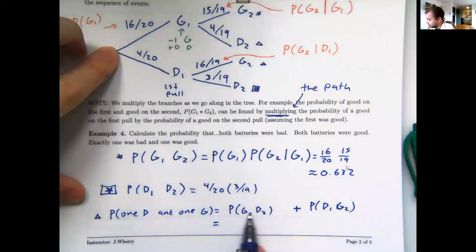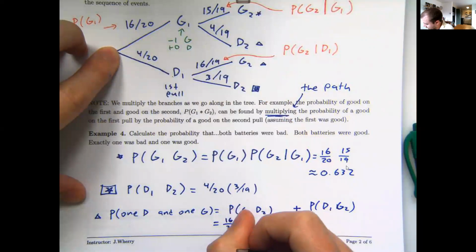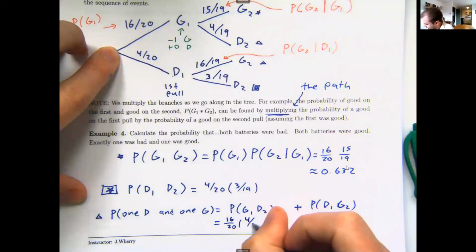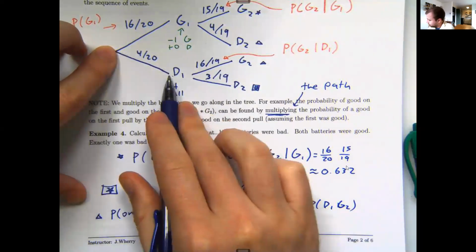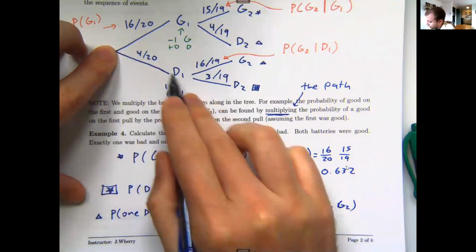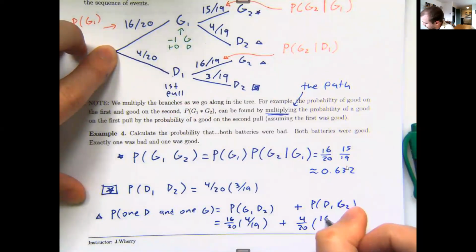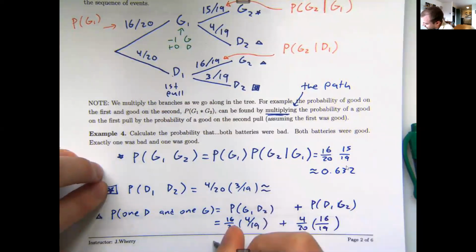Okay, let's check this out. Good, 16 out of 20. Dead, 4 out of 19. Dead and then good. Dead, 4 out of 20. Good from the dead, 16 out of 19. I didn't type my last answer into a calculator.